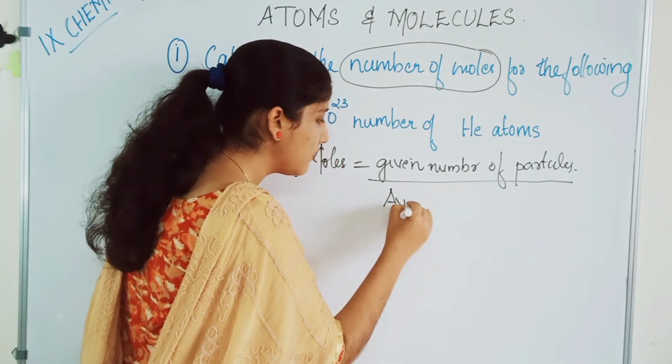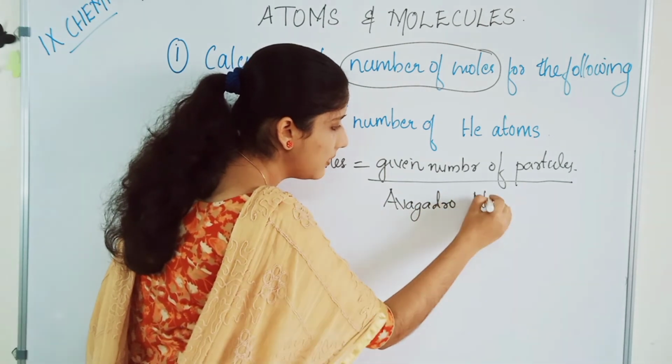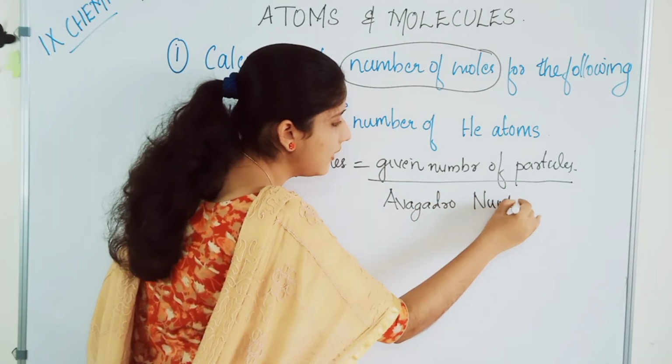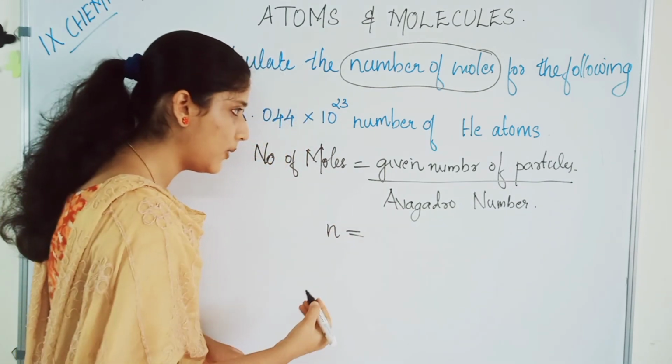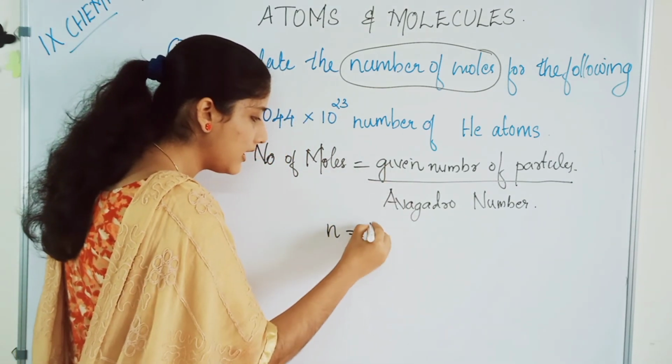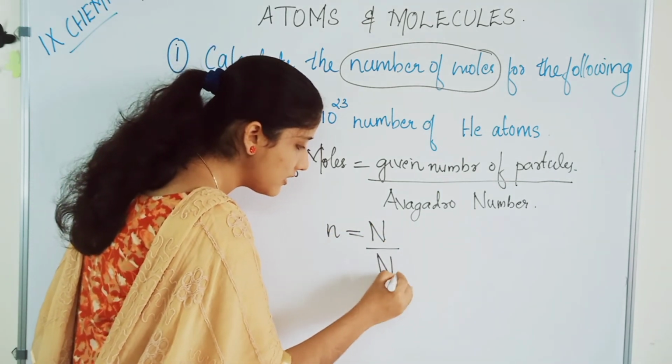Avogadro number is what we studied. Number of moles n is equal to given number of particles capital N divided by Avogadro number N0.